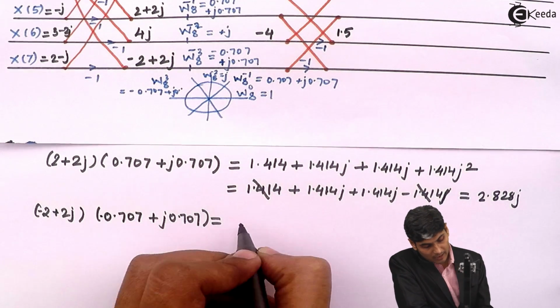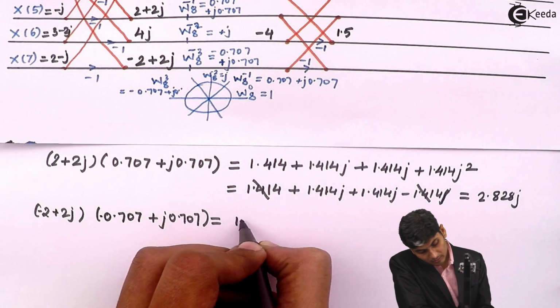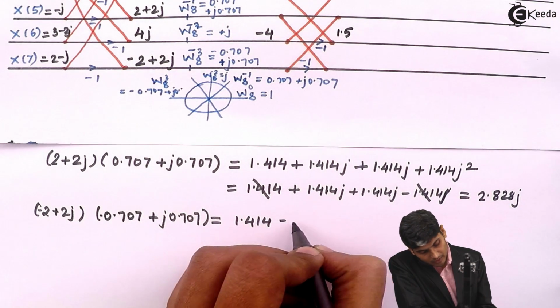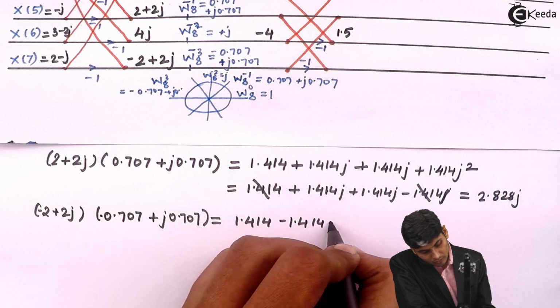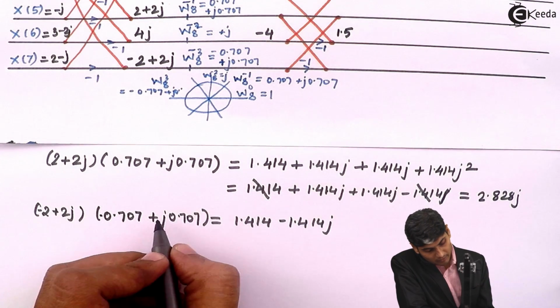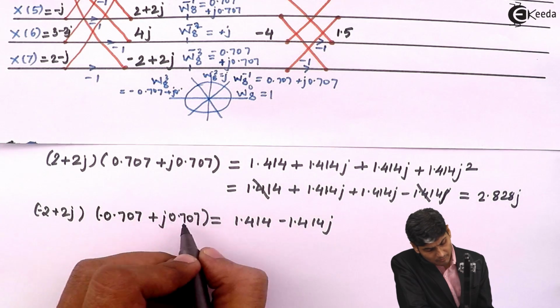So in that we will have this minus, when multiplied, becomes plus 1.414, then this becomes minus 1.414j, then we will go with the imaginary part.